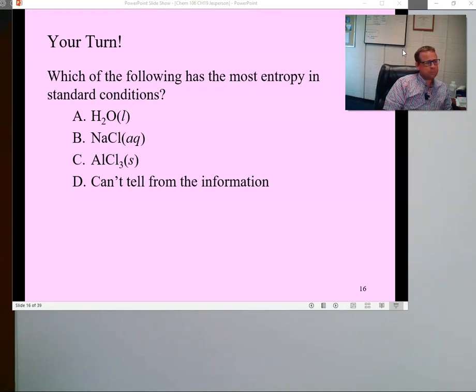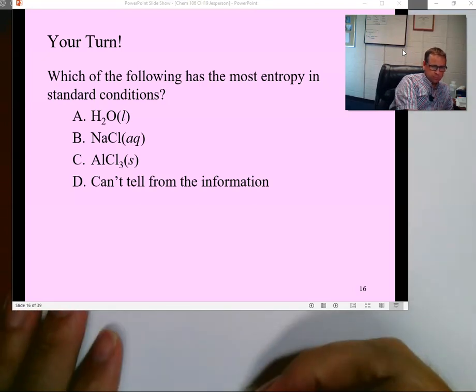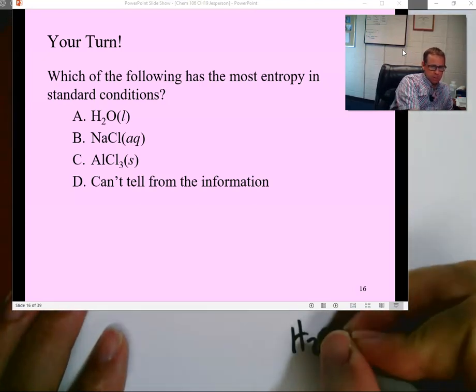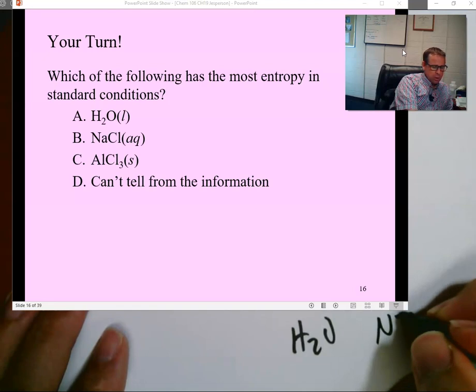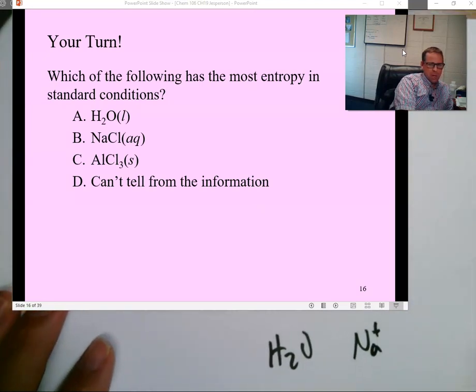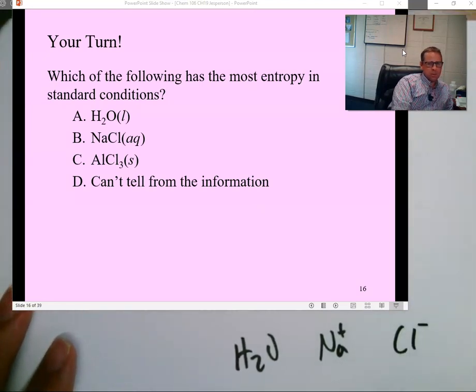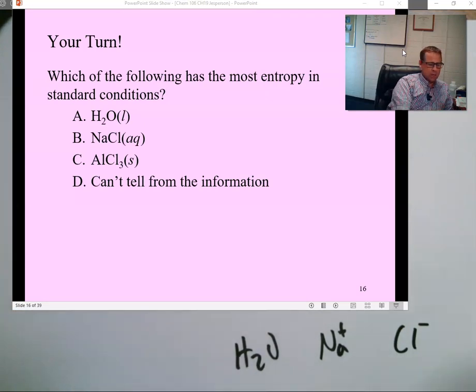Yeah, I'm not sure on that one. Okay. Well, NaCl aqueous, it has water in that mixture, right? We also have sodium ions and chloride ions. And all of these things are interacting with each other, have the possibility to interact some way.